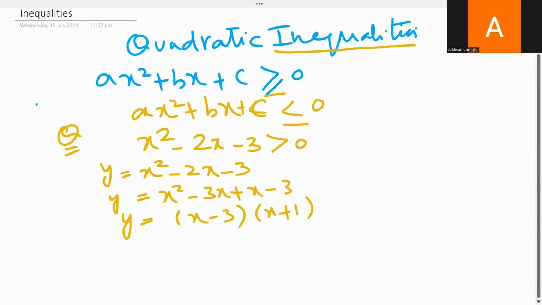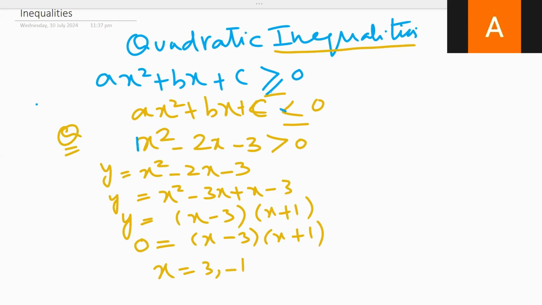Now you can find intercepts. To find the x-intercept, we substitute y as 0. So the values of x are 3 and -1.